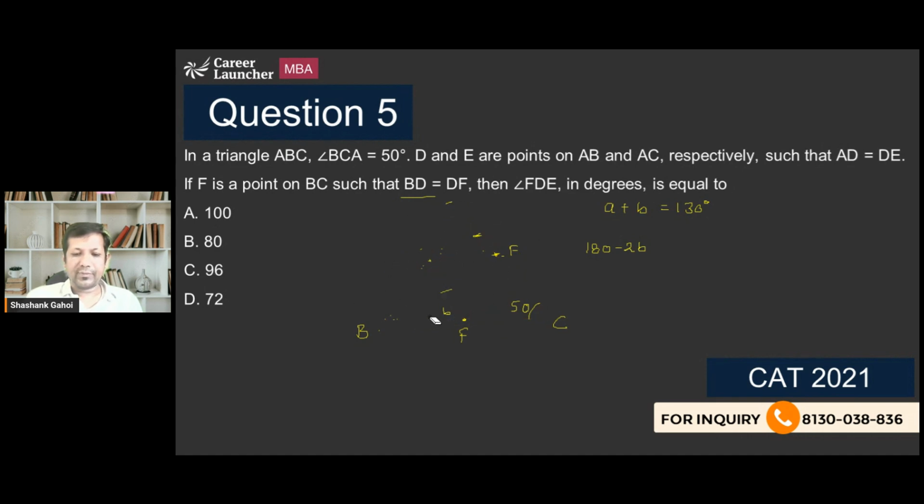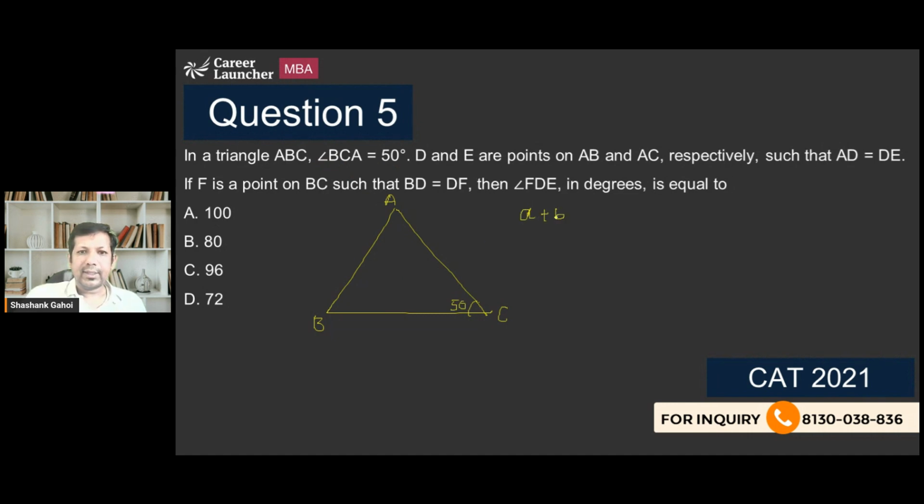Let me replot the graph. Draw again. This angle is A, this angle is B, and angle C is BCA, that is 50 degrees. So from here I can say that angle A plus angle B is equal to 130 degrees.